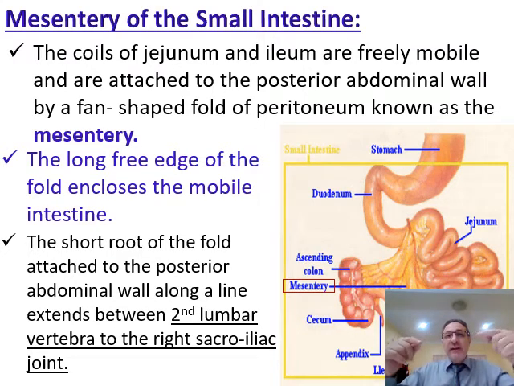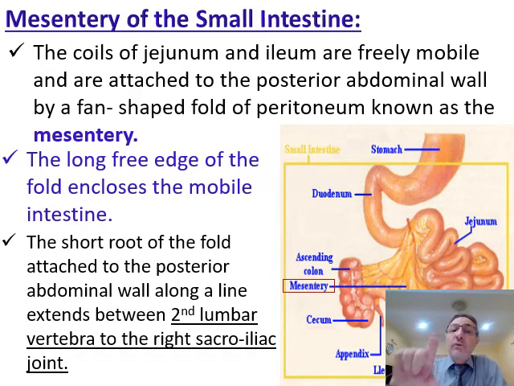The free end is attached to the walls of the small intestine, and the root of this mesentery is attached to the posterior abdominal wall by a vertical line extending from the L2 vertebra and going down to the right sacroiliac joint.